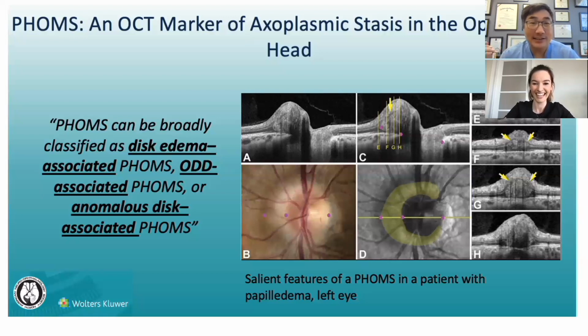Now, early on, I thought PHOMS was for disc drusen. It's not the case? That's what we thought in the early ages of OCT, before we had access to enhanced depth imaging OCT, the EDI OCT that we now use very commonly. It was hard to describe the deeper structures of the optic nerve down to the lamina cribrosa, so we didn't have enough depth of imaging to know exactly what PHOMS were.